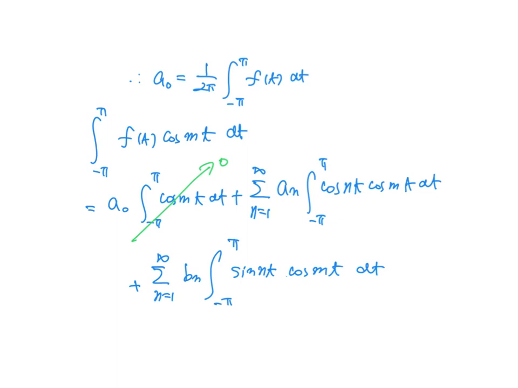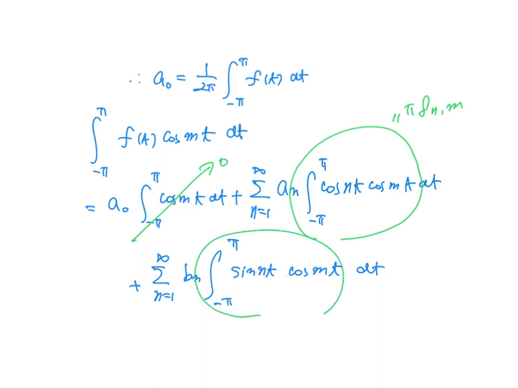So now we know that this is pi times delta nm, right? Sine, cosine. Well, what is this? Did I do something wrong? This one. This is always 0.